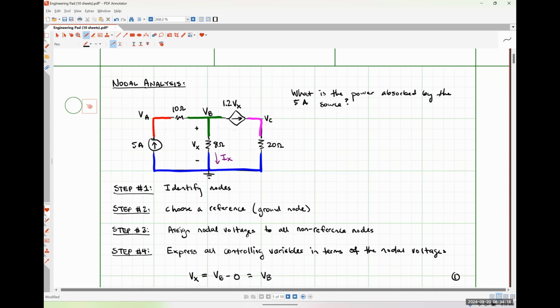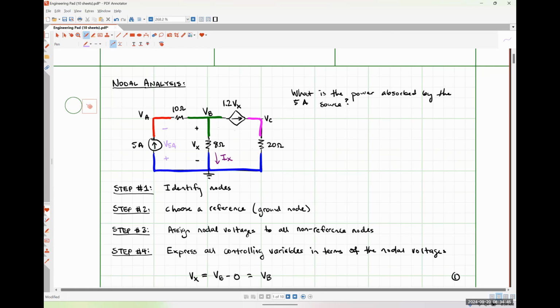Okay. So if we want the power absorbed by our 5-amp source, that means we need the current flowing into the positive polarity terminal of some voltage. So I could call this voltage, plus minus, V5 amps.